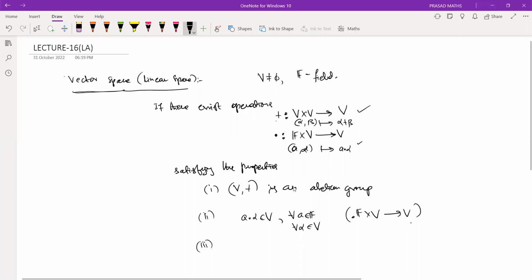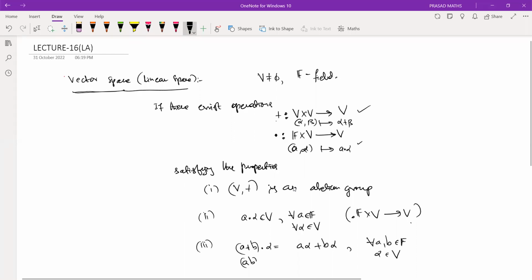Third property is with respect to the second operation and first operation. We start with any two elements in the field, right? (a plus b) into alpha is equal to a alpha plus b alpha, which is true for any two scalars a, b and alpha any vector.